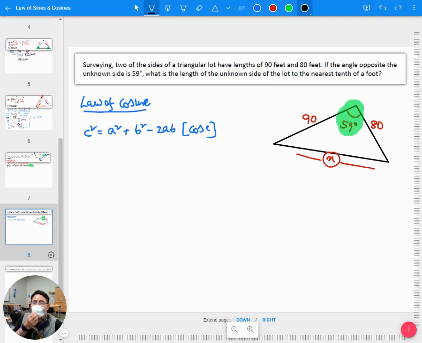Therefore, I personally prefer to take this one as C. And the remaining two, you can take whichever way you want.